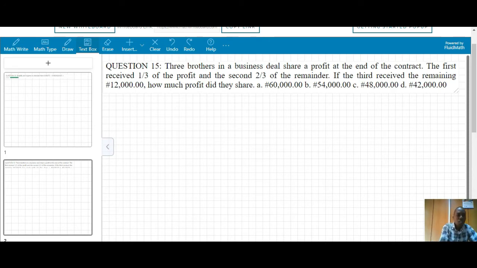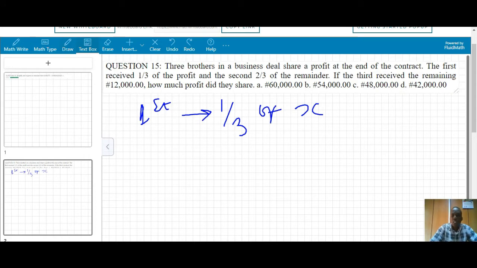The first brother receives 1/3 of the profit. Let's assume the profit is X. So the first receives 1/3 of X, which means the value the first receives is X over 3.